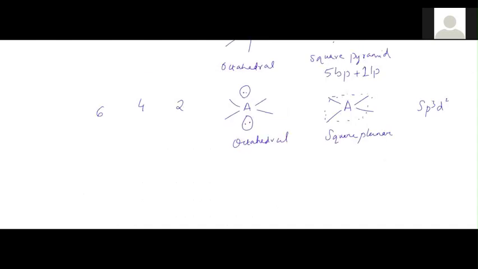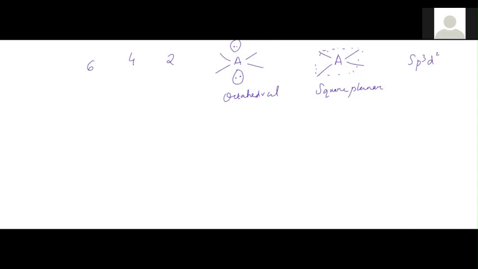I'm coming to a question: finding the number of lone pairs, bond pairs, hybridization, etc. for SF6. Finding the Z value: half of S is 6, so 6 plus, there is no positive or negative charge, but there are 6 monovalent fluorine atoms. So this is 6. Z value 6 means it is sp3d2, and the geometry is octahedral.